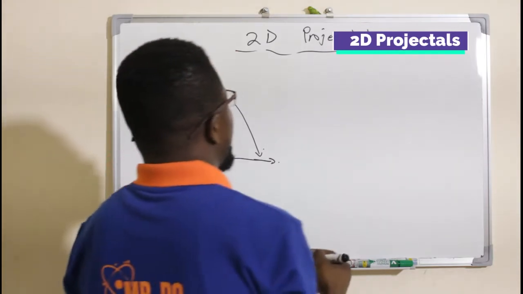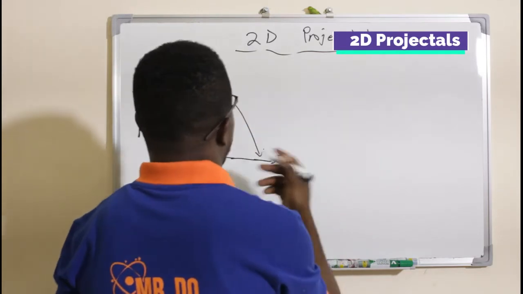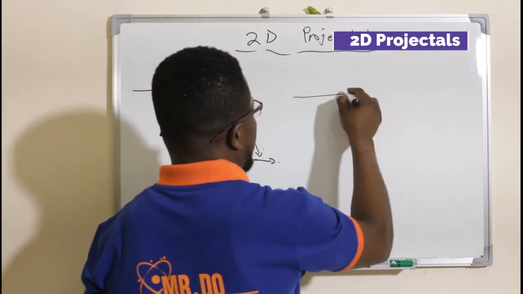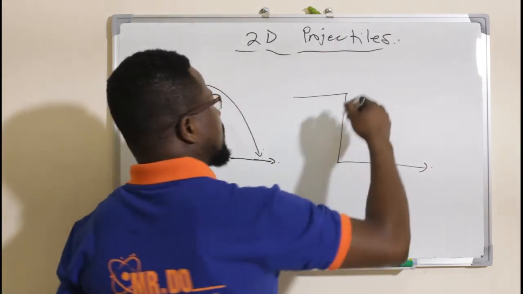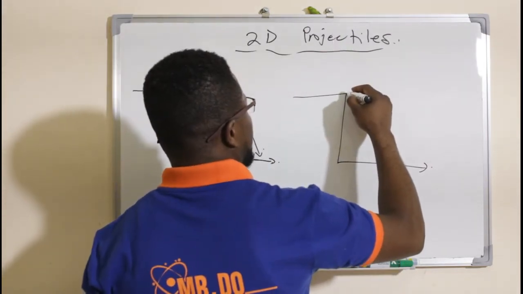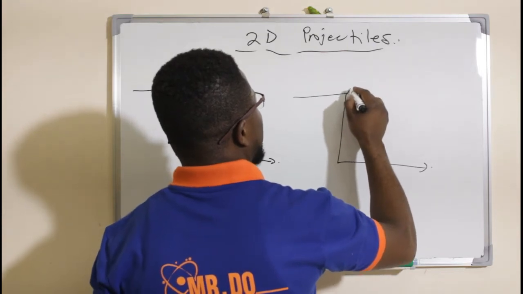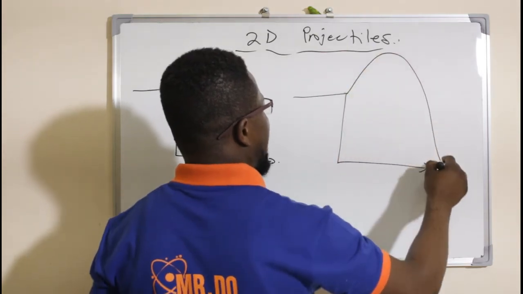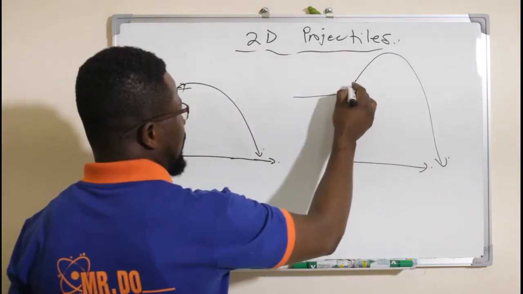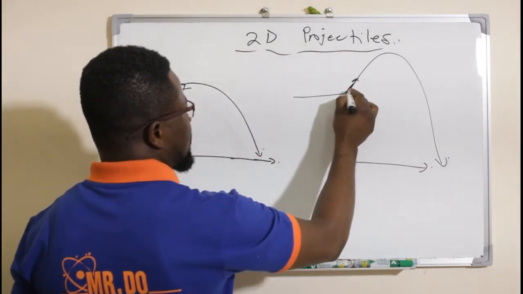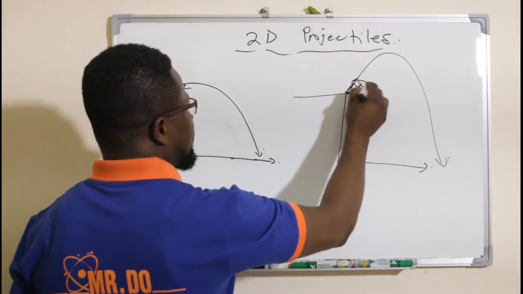We can also look at it from another point, on the cliff again, but this time around the projectile went up, and then it goes up and returns back again. So we can also have something like this, and in this case again we still see there is a certain angle theta there.